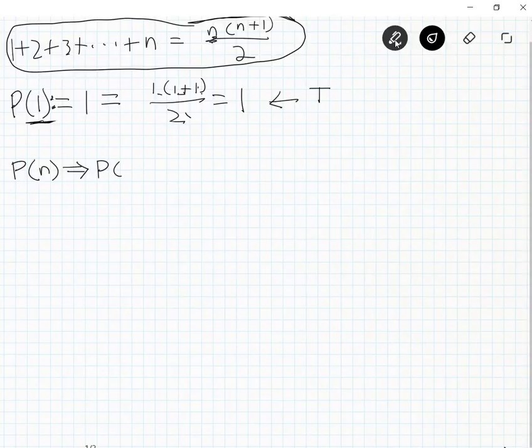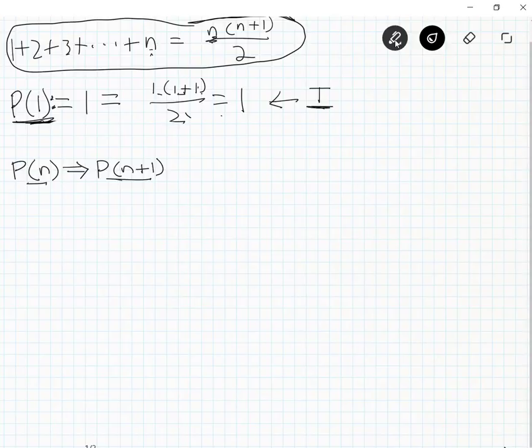So we need to check if P of n is true, that implies P of n plus 1. If this being true implies that this is true, along with the fact that this is already true, which we found out right here, then it'll be true no matter what n we use.